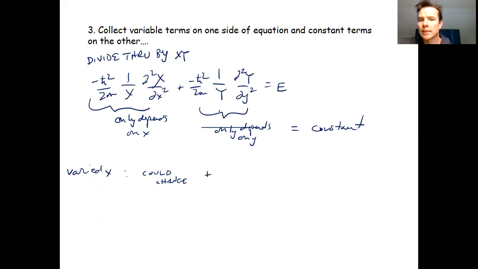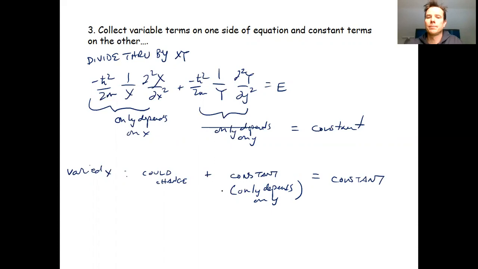This function only depends on Y. And since I'm only changing X, this can't change. It's constant. If I change X, my constant has to stay a constant.